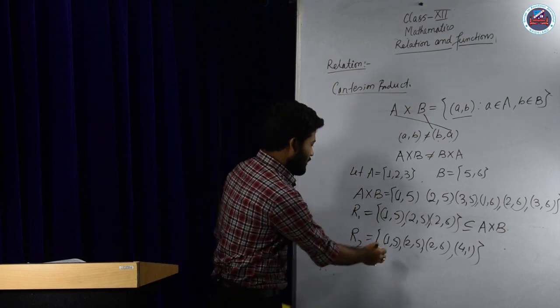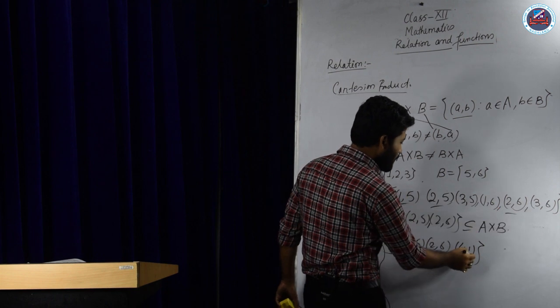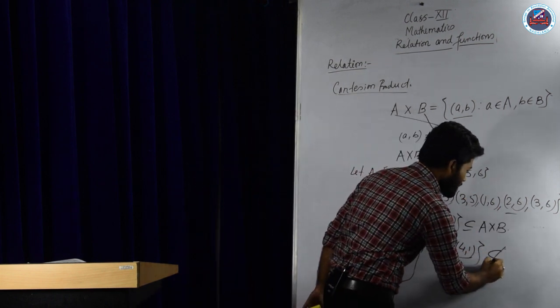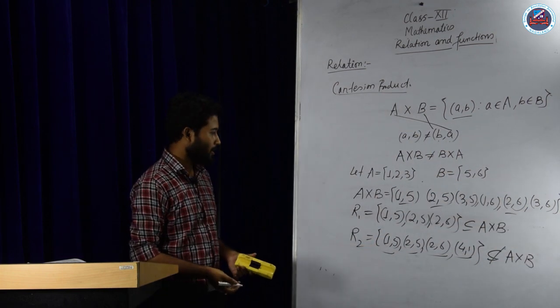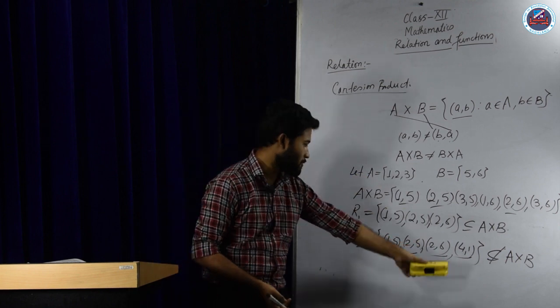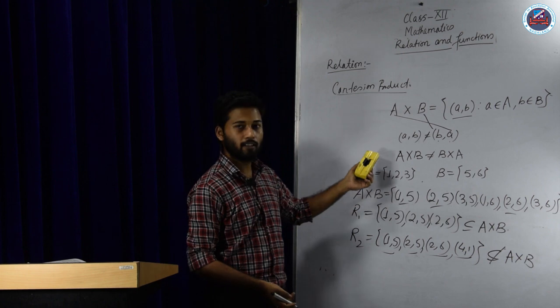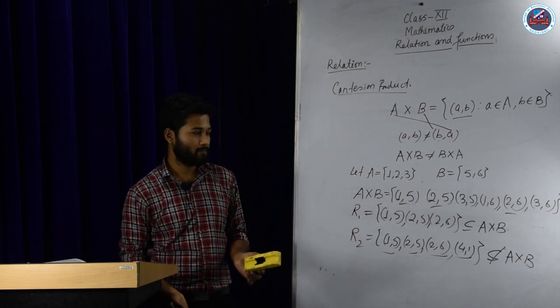Check it. (1, 5) is here, (2, 5) is here, (2, 6) is here, but (4, 1) is nowhere. So clearly it is not a subset of A cross B. Since it is not a subset of A cross B, I cannot say that R2 is a relation on A and B. Clear?